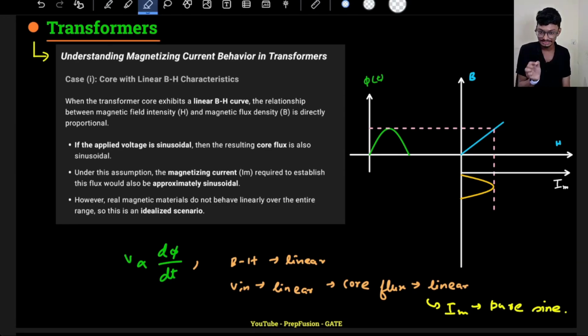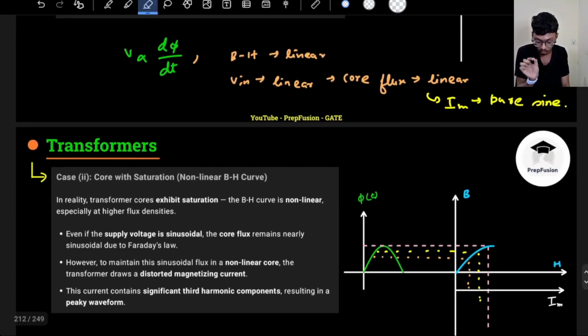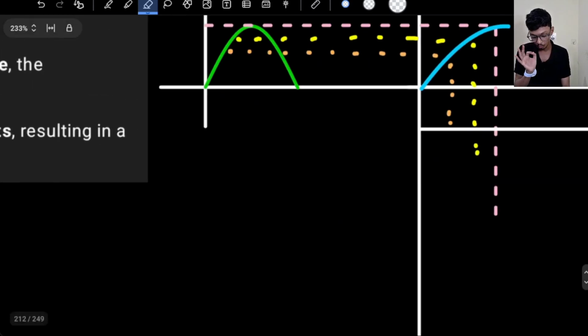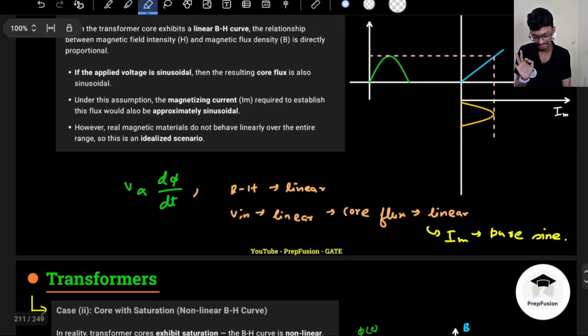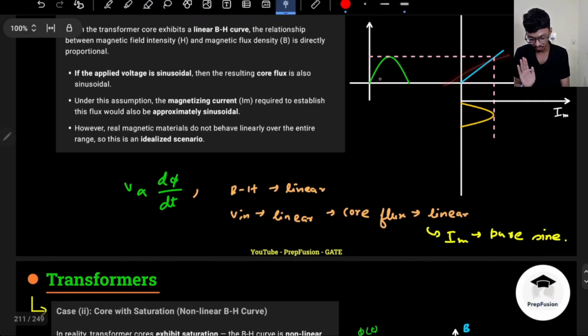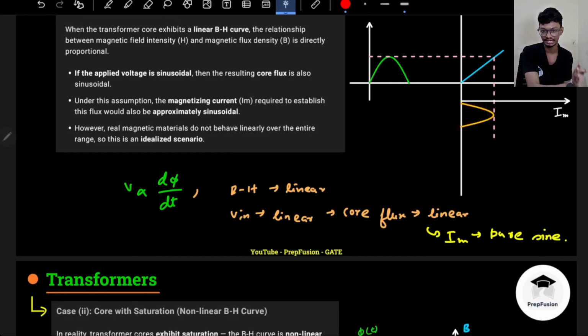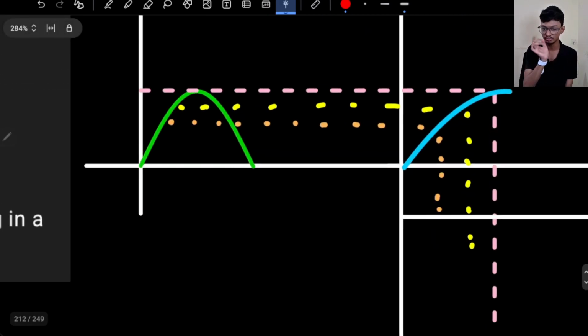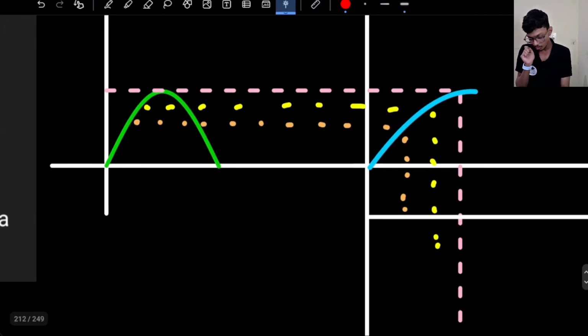So now let's discuss the type of core where the core will saturate. If the core saturates, now what will happen? If the core was linear, then whatever the change in flux there was, it was totally reflected in the magnetizing current. But as the core is saturating, now I will discuss the slope.